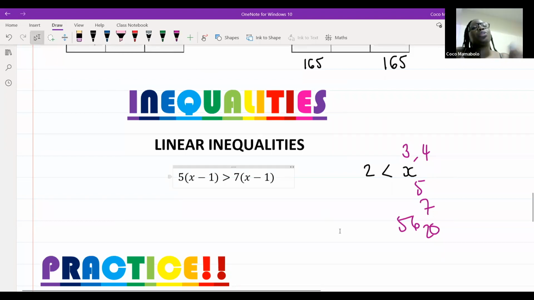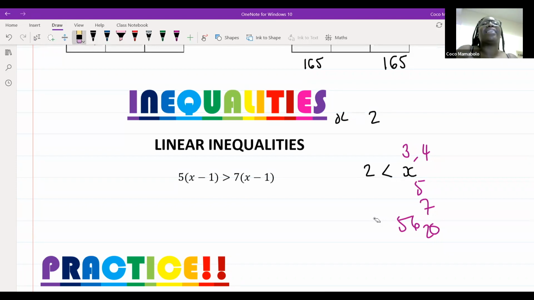Now, the difference between this and an equation, that's it. X can be more than one number. When we talk about inequalities, we're not just talking about one number. When I say x is equal to 2, x can only be equal to 2.